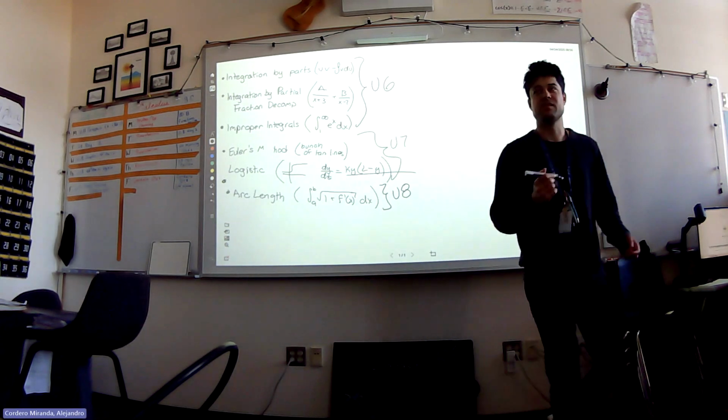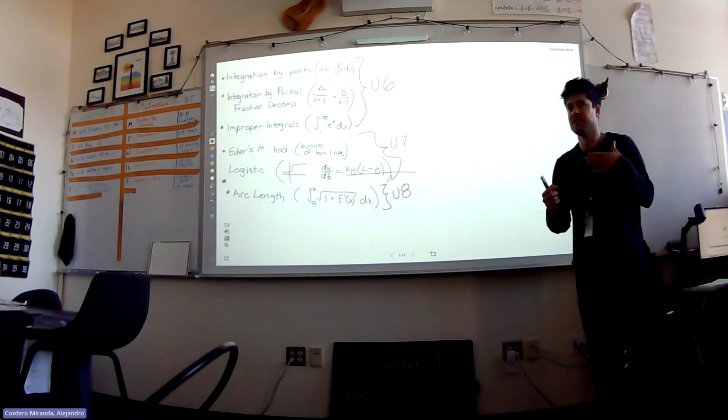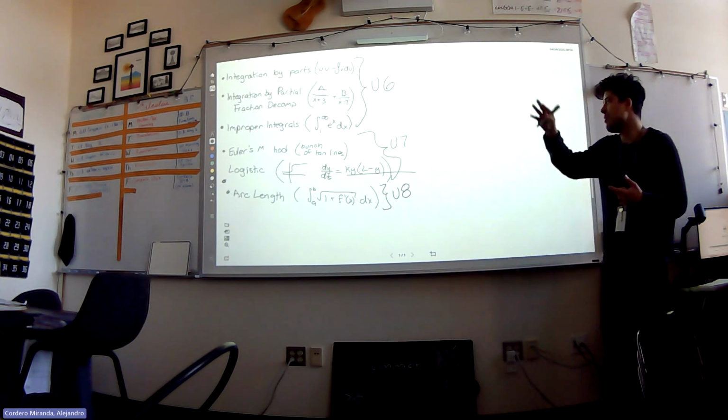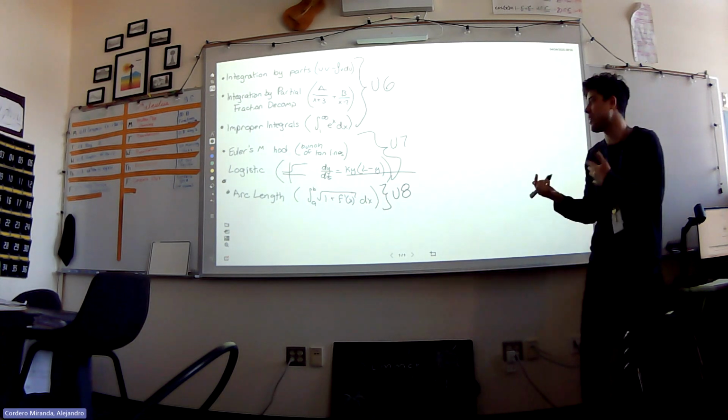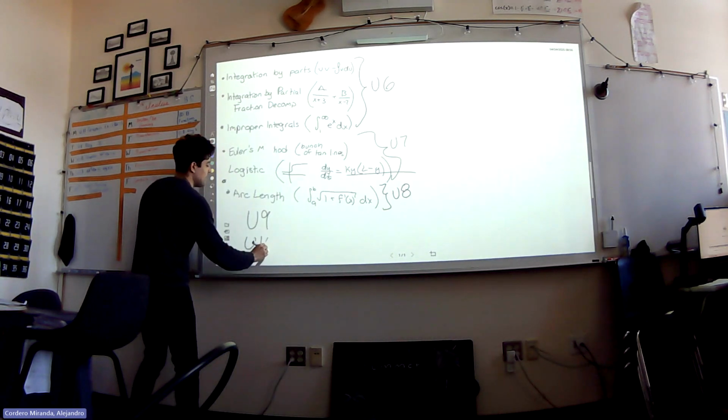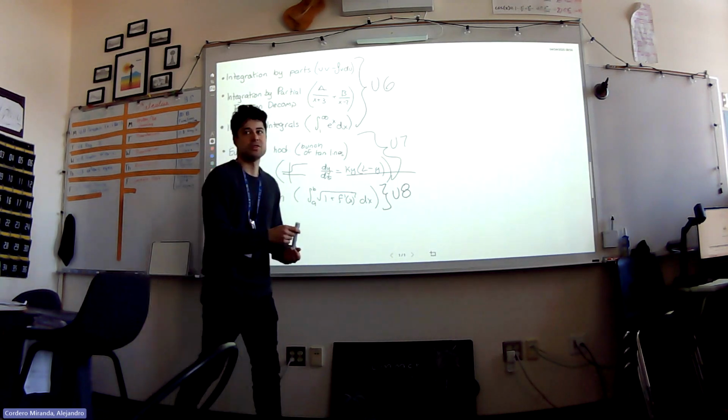Unit 9 and unit 10 was like 12 things altogether, like 9.1 to 9.4 plus 10.1 to 10.8. That's 12 things that I don't want to list out, but you guys have the packets for all of unit 9 and all of unit 10. Those are the things to keep track of.